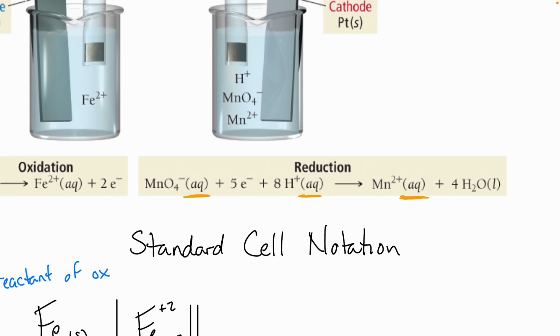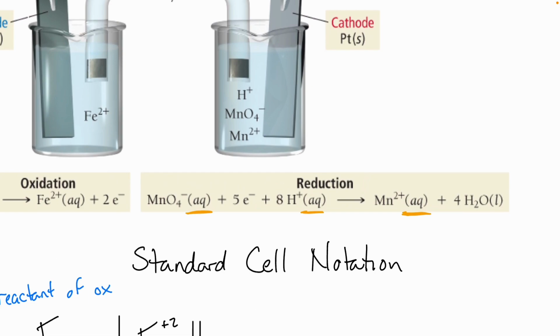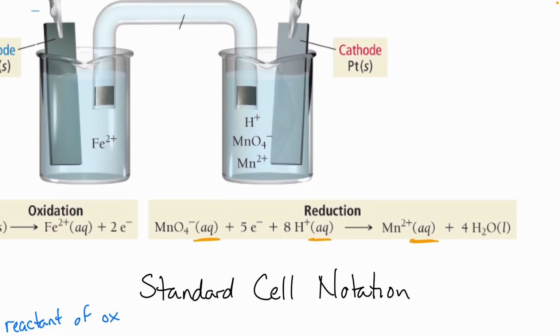So all of this reaction is happening in solution, but I have to have a way of delivering those electrons to the solution. And so for that, we're going to use an inert metal as our cathode, and a good default is just platinum. Okay?